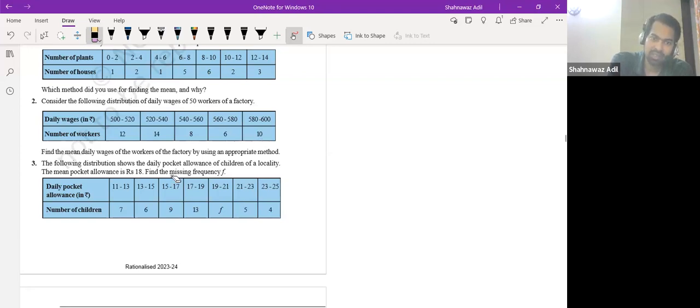In this question, this frequency is not given and we have to find out this F, but the mean is given. So we have to follow the same process, but we only know X bar.